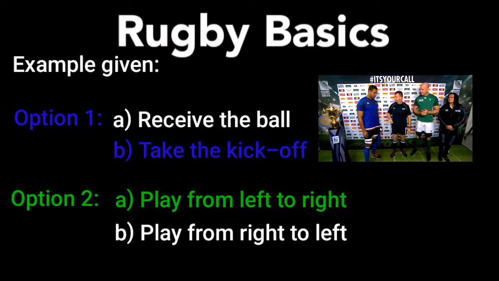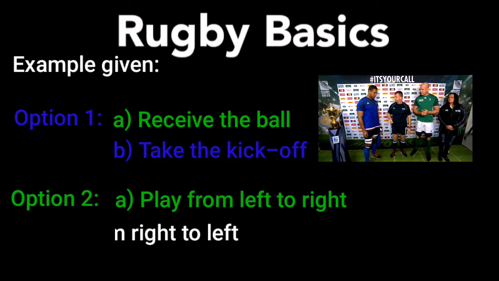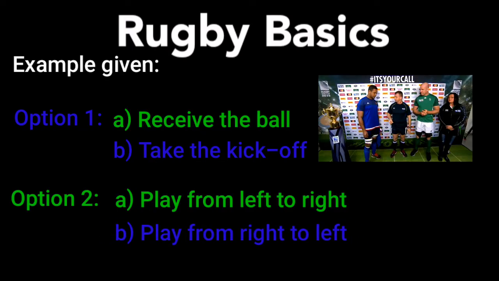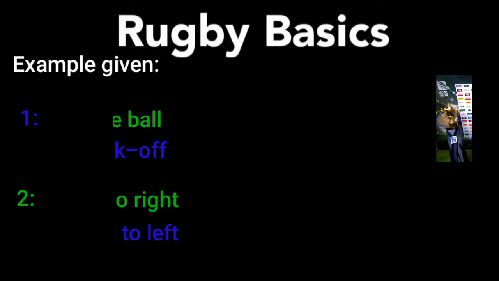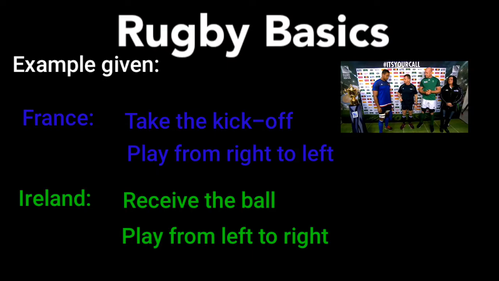So this also means that because France has chosen to kick off, Ireland will receive the ball, and also because Ireland chose to play from left to right, that would leave France playing from right to left. So France will be kicking off from right to left, and Ireland will be receiving the ball and playing from left to right. So now that the coin toss is out of the way, we can proceed to the kickoff.